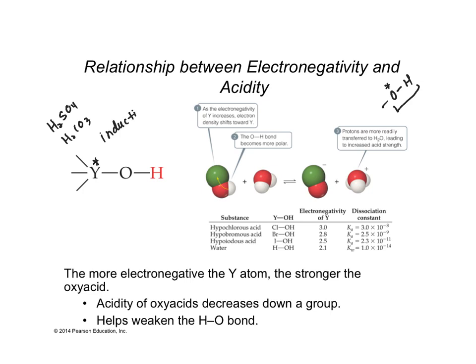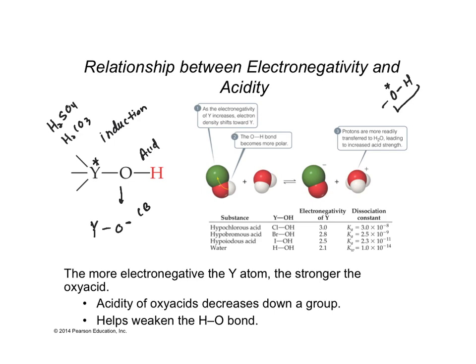This inductive effect, induction versus inductive effect, okay? So again, the conjugate base of whatever this looks like is going to be a Y bound to an O that's going to have a minus charge on it, okay? This is our acid, and we're looking at the strength, the stability of this conjugate base.